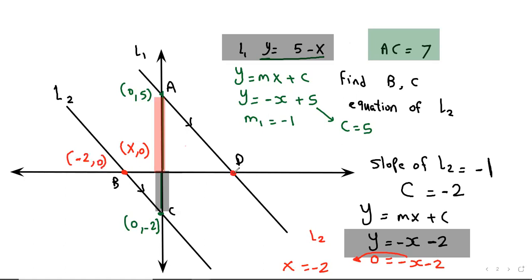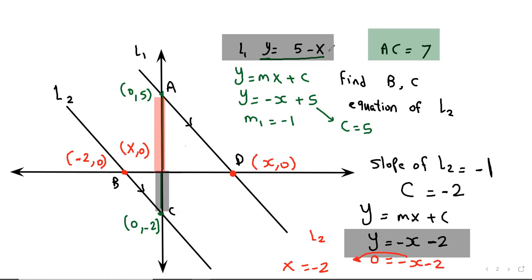What about the two coordinates of the point D? Also, the point D lies on the x-axis. So this point is x and 0. Any point that lies on the x-axis is x and its y coordinate is 0.